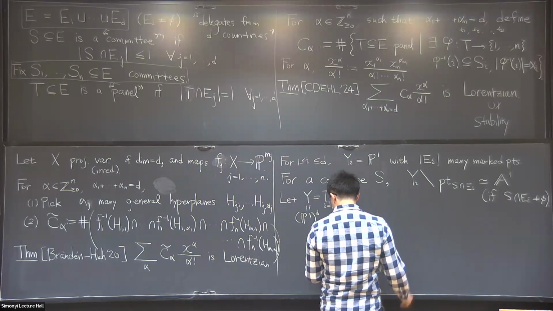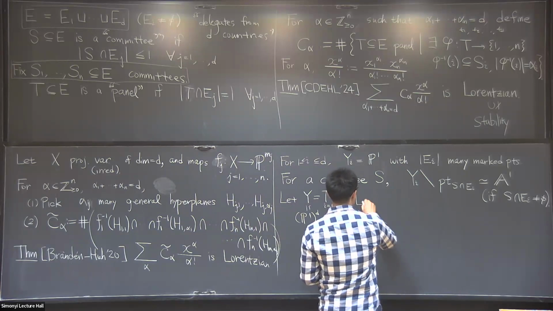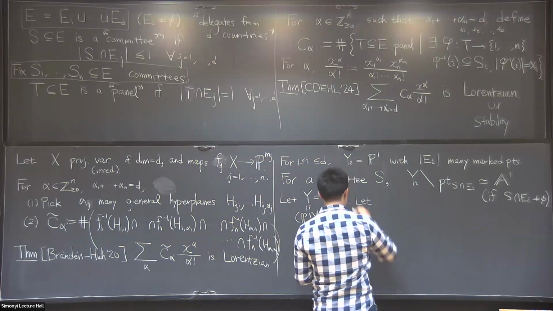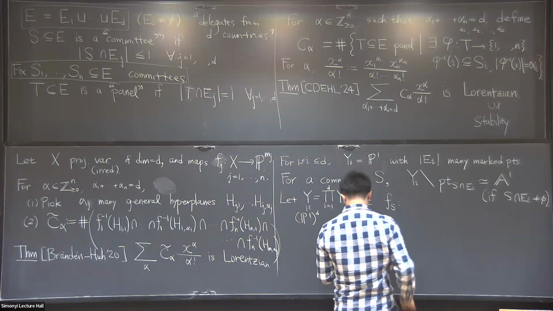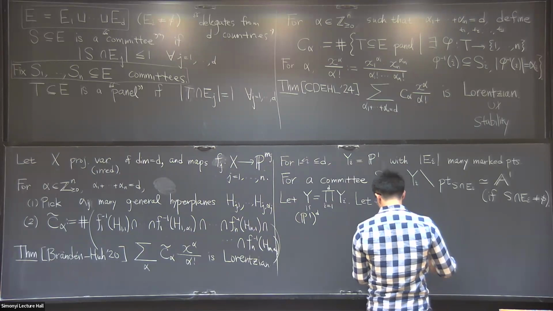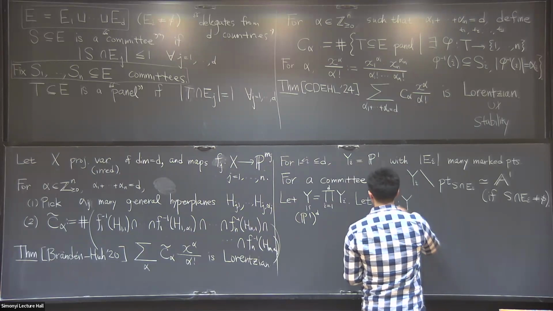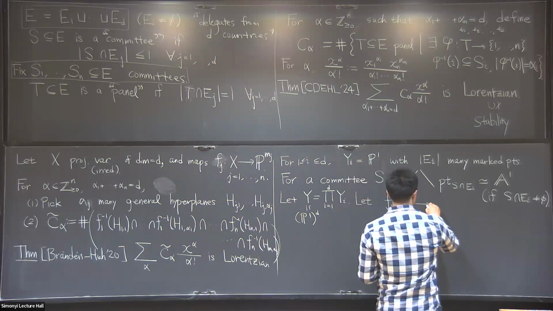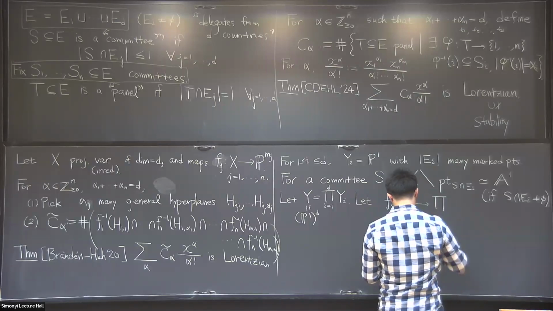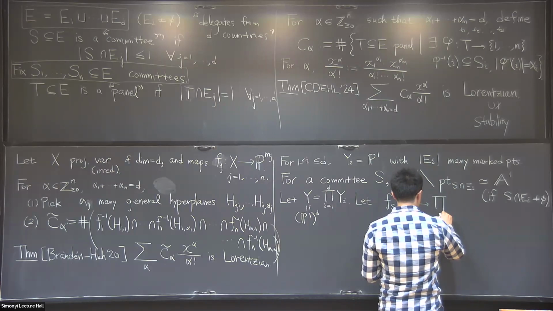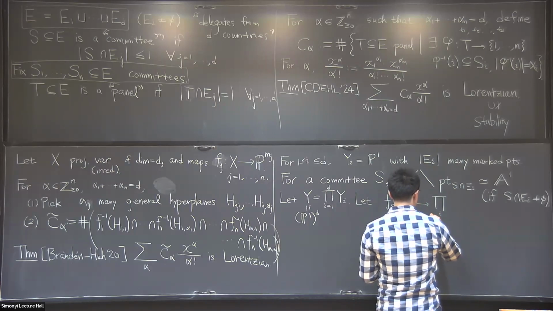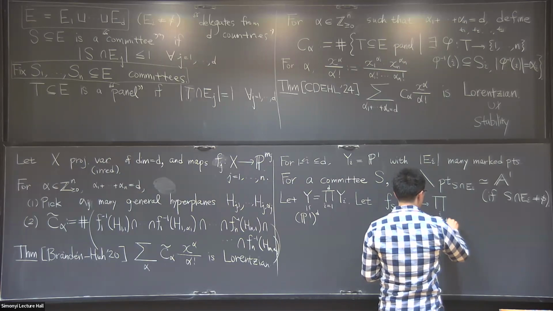And here are some rational maps that you can write down given a committee S. I'll name them F sub S. First, I take this product and just project away, or only keep the i such that the intersection is not empty.